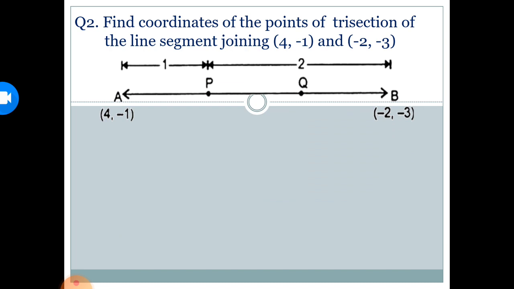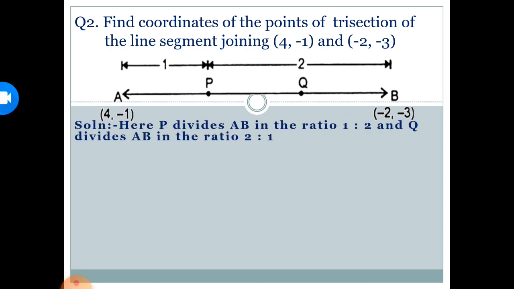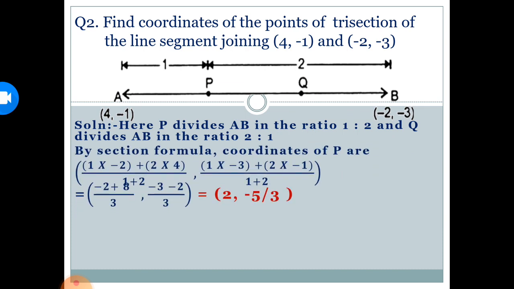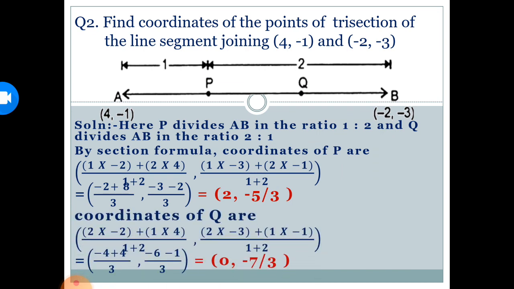So can we say children, P divides AB in the ratio 1:2 and Q divides AB in the ratio 2:1. So we can apply the section formula for finding out the coordinates of P and coordinates of Q. So by applying section formula, coordinates of P are (2, -5/3) and coordinates of Q are (0, -7/3).